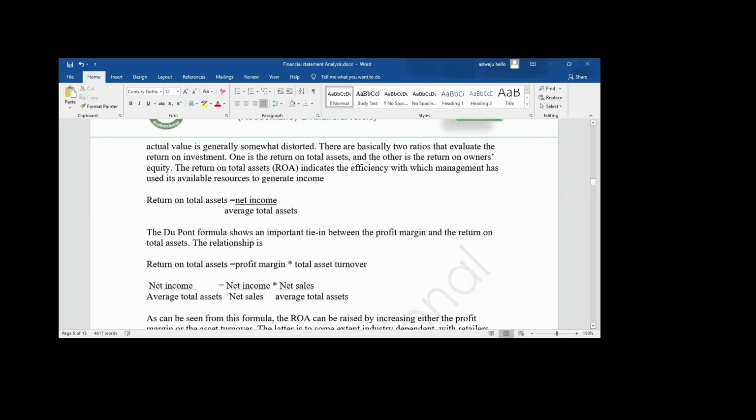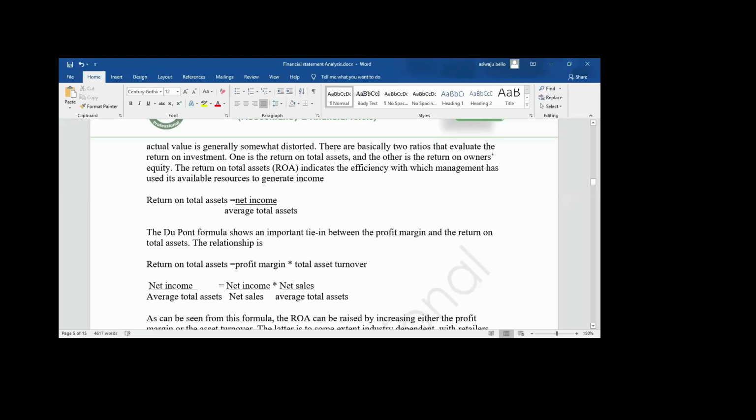When we say DuPont identity, this return on assets can be explained by two ratios. The DuPont identity is when two or more ratios are used to explain a particular ratio.